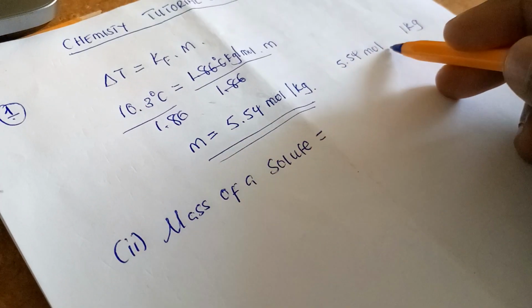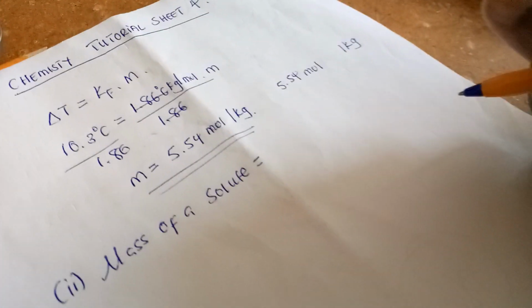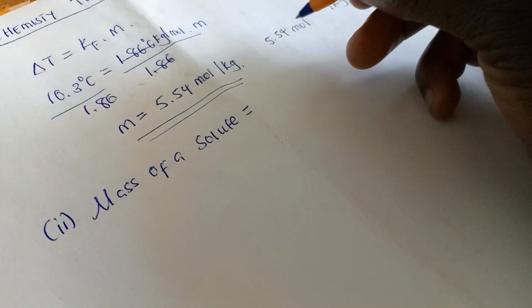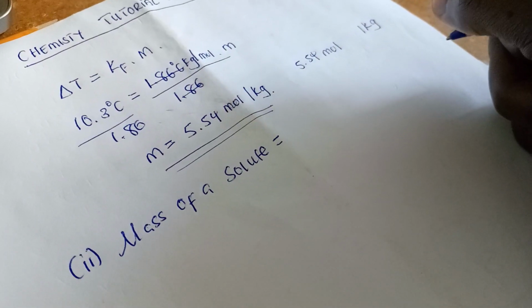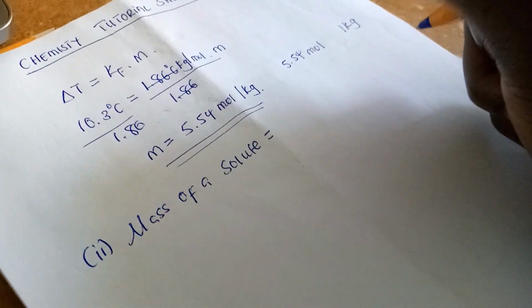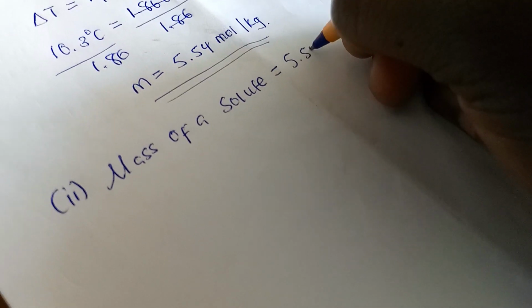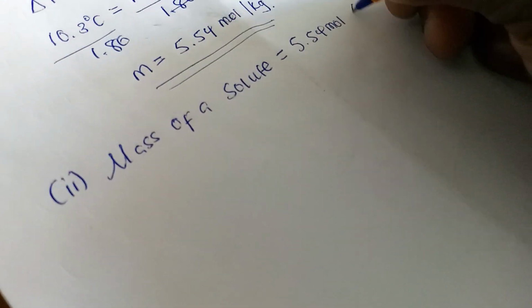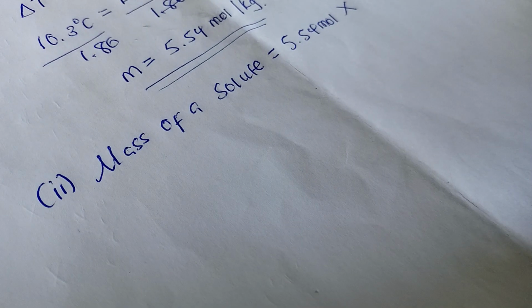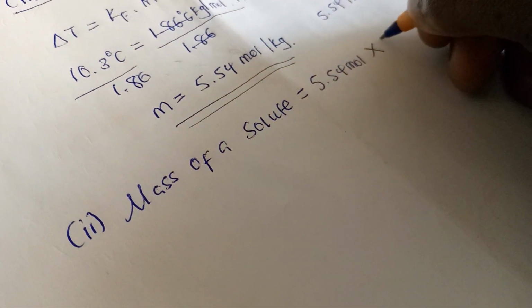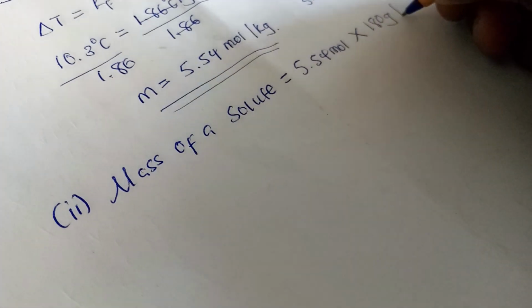So we have the moles, which is now very easy for us. We multiply 5.54 mole by the molar mass of glucose which we have been given, 180 grams per mole.